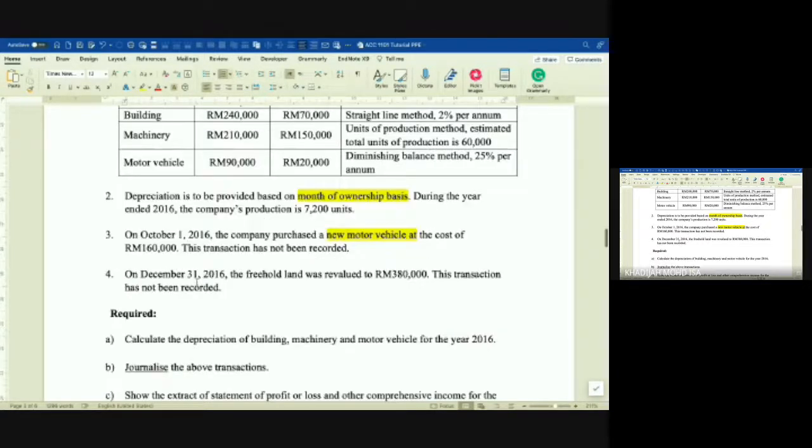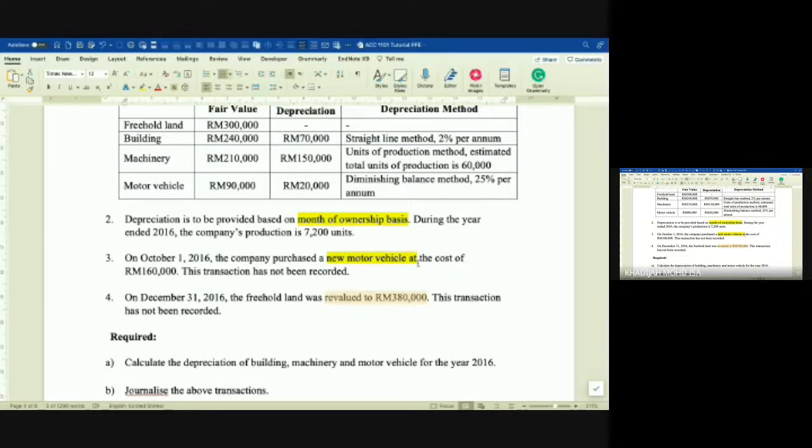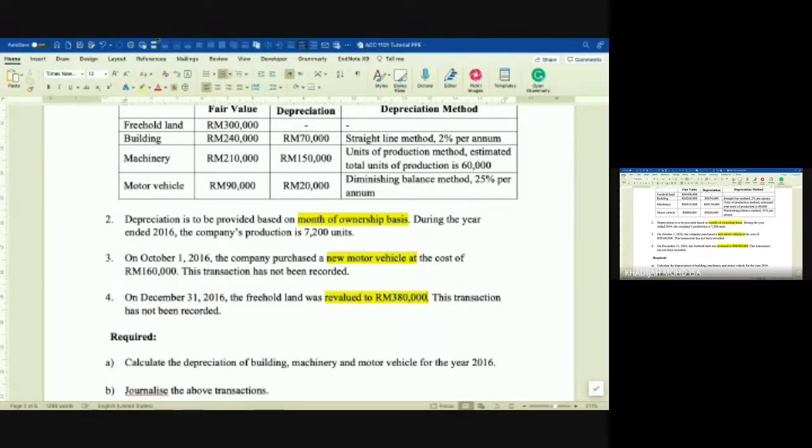On December 31st, 2016, the freehold land was revalued to 380. Surplus or deficit revaluation? Surplus. It's a surplus because initially it was 300,000, now increased to 380,000. This one is the motor vehicle.